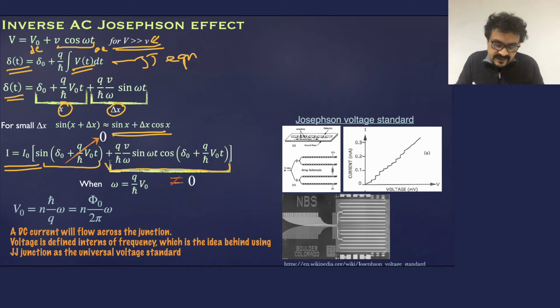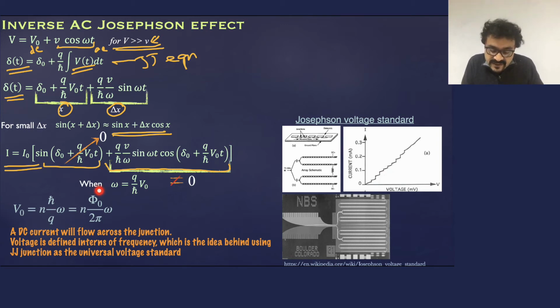Now we are interested in the DC current. Okay, that's what we are going to measure. When you measure it, this first term is a time varying term, so that is not going to give you any DC current. This is also a time varying term, not going to give you any DC current, except whenever this condition is met, omega equals Q by H bar into V0, or integral multiples of that.